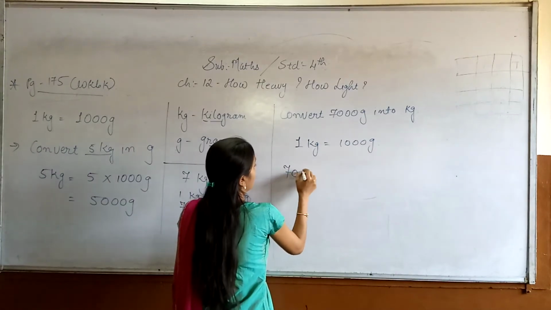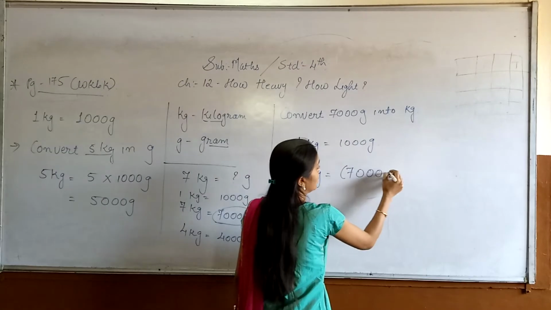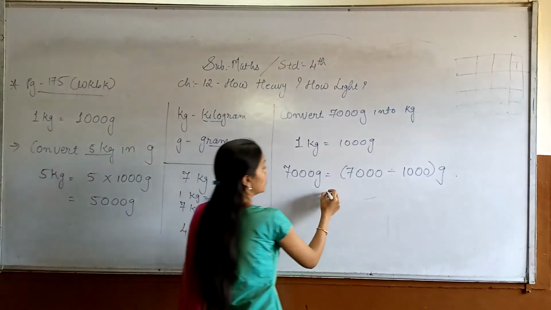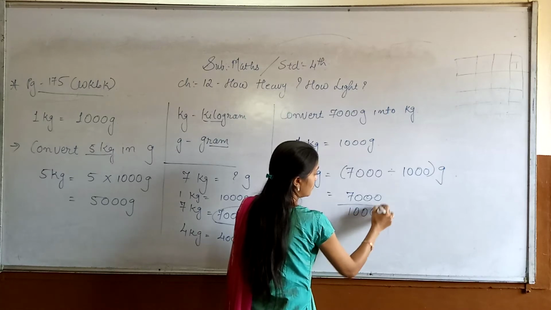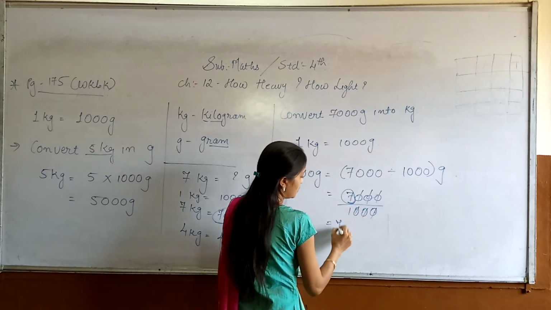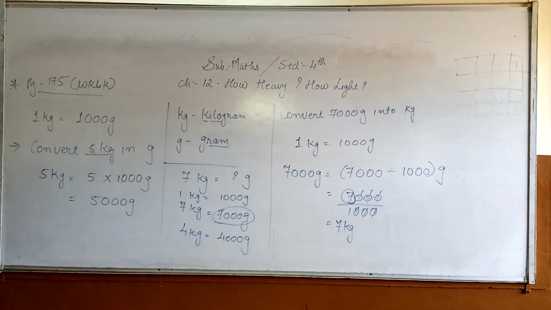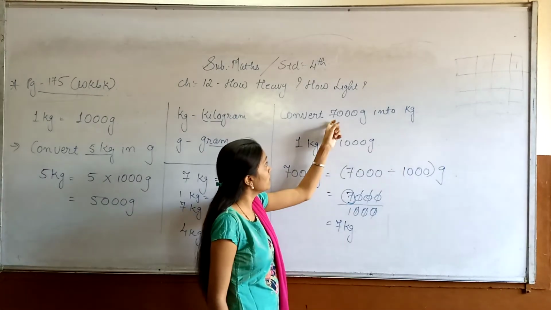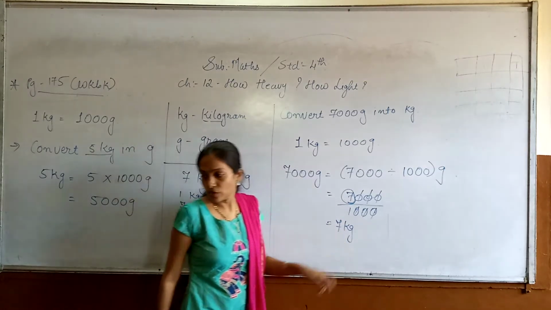So here it is given in grams, 7000 grams equal to 7000 divided by 1000. So we cancel the zeros and we'll get 7. So it is 7 kg. Understood? Here what we have done, from gram to kilogram we have converted.